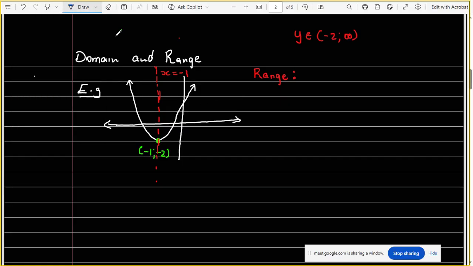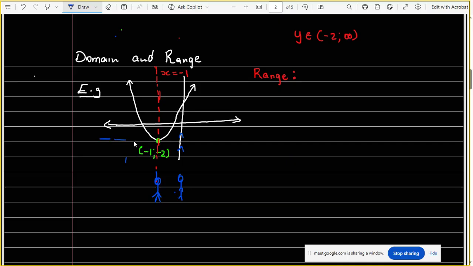You know, most of the time when you want to determine the range, you fly along the y-axis. The moment you start moving up, you ask yourself, where do you see the y values of that graph.